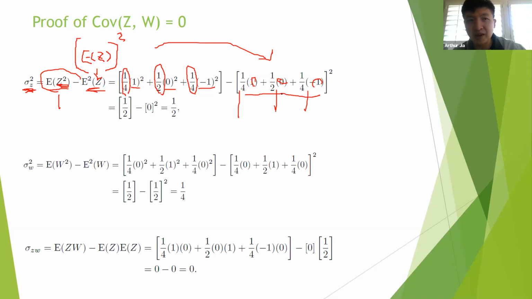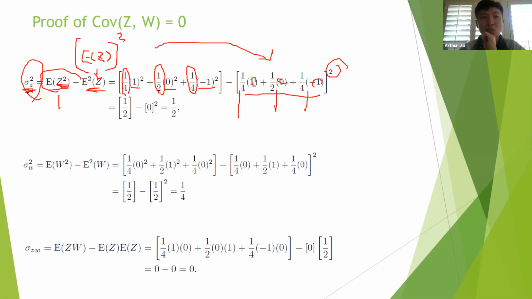That's the expectation of Z. And finally, you just calculate the square of the thing. That's the second term. And that completes the calculation for the variance of Z.